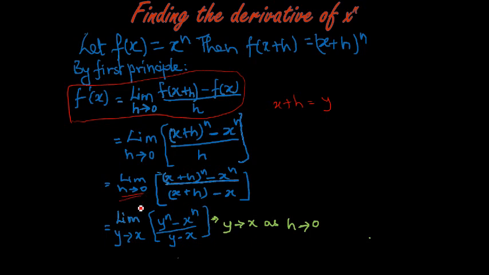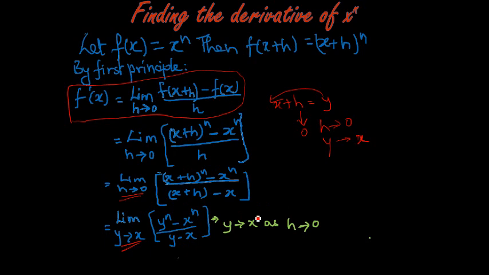But what happens to the limits? h tending to 0 has become y tending to x. Why? As h becomes 0, it is obvious that y is equal to x. Therefore, as h approaches 0, y becomes x, and the limit changes from h approaching 0 to y approaching x. Because we don't have any h here, I cannot use h tending to 0 in this limit.